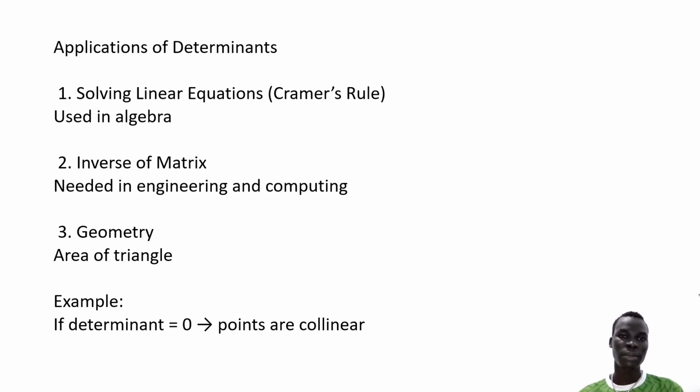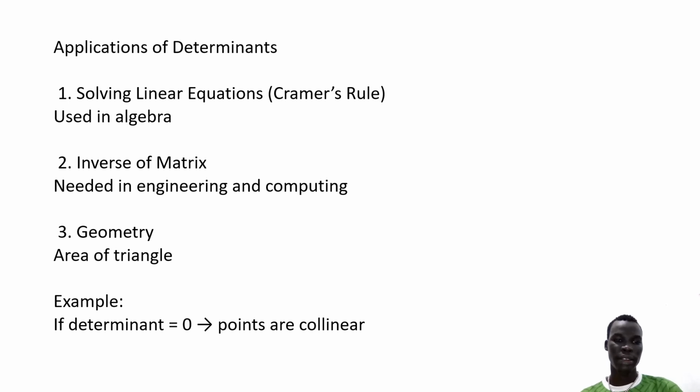The determinant is applied in some other ways. Solving linear equations: when solving a linear equation, you can use the determinant to solve it. Inverse of a matrix is needed in engineering and computing.